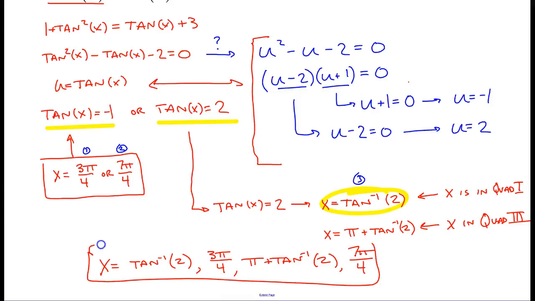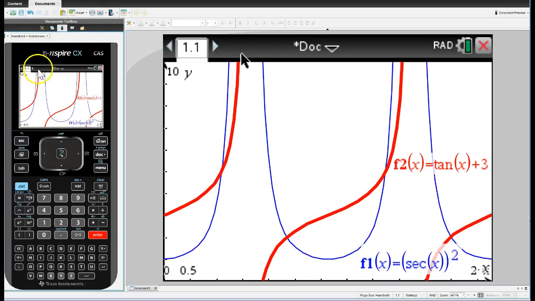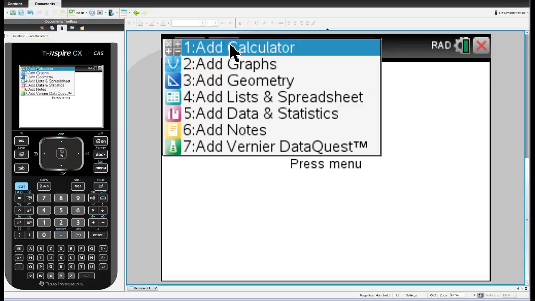And just to make a connection between some of these exact answers and approximate answers, let's look at the decimal value for pi plus tan inverse of 2. I'm going to go back to the calculator page and add a calculator page.